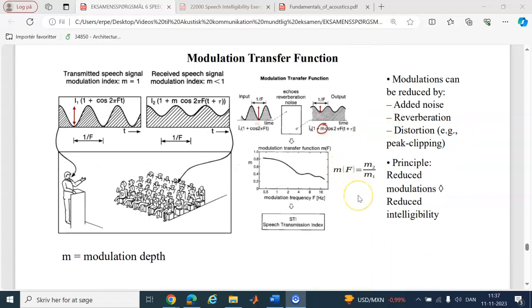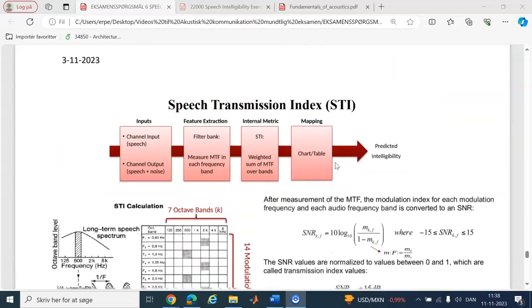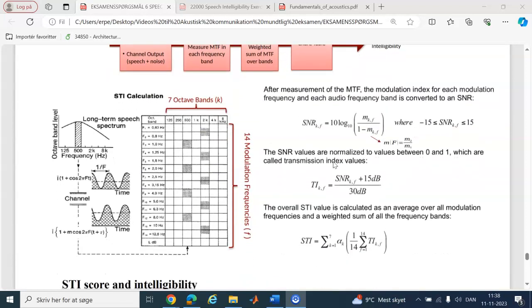So we do some calculations here, and we get an STI, the speech transmission index. We have a modulation transfer function, we get some numbers, and we translate them to a speech transmission index. This is a sum of many things. For instance, you have some octave bands, 7 octave bands, and 14 modulation frequencies.